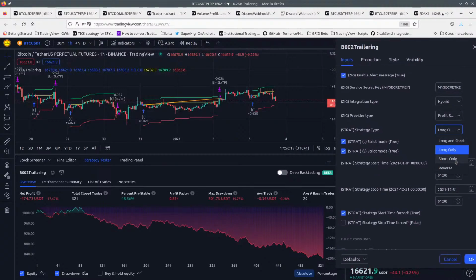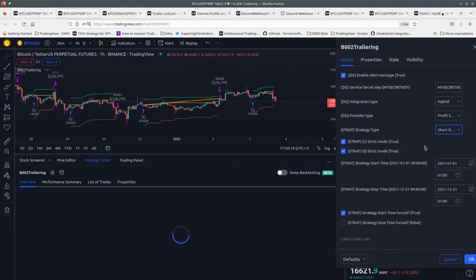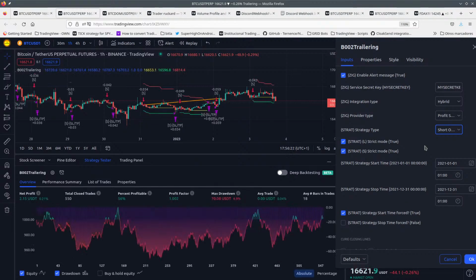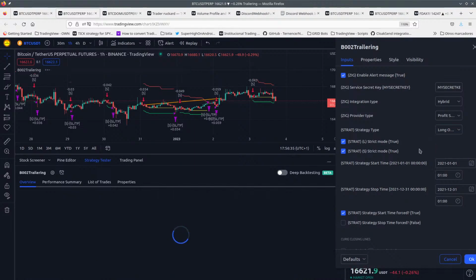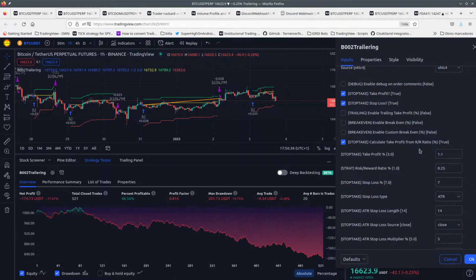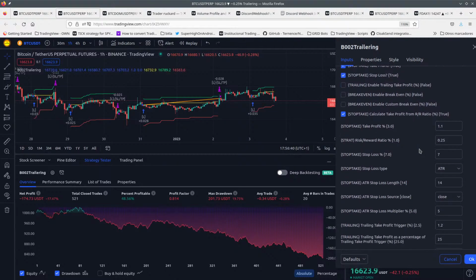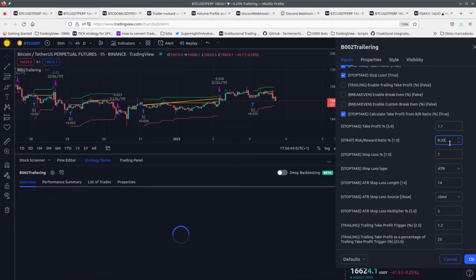What about short only? Short only has also some better results, if you ask me. Okay, let's go back to long only and maybe think about this being a bit bigger, like 0.33, and see what happens.